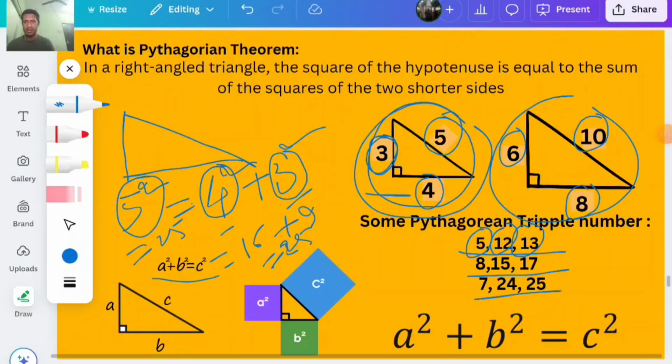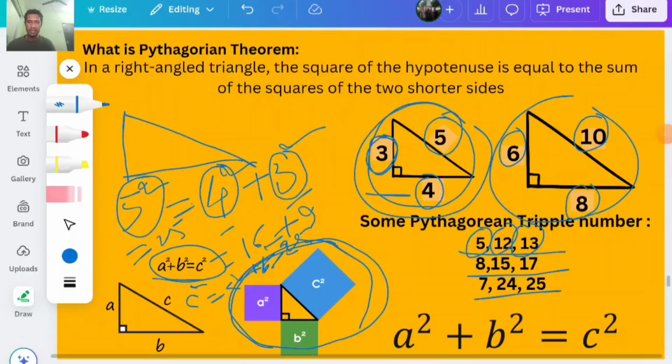And here the equation of the Pythagorean theorem: a square plus b square equals c square, or we can say c square equals a square plus b square. Here you can see the triangle in the middle of this diagram, and on the left side you can see a square, at the bottom the b square, and on the upper side c square.